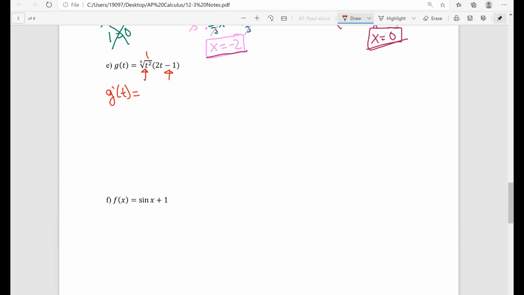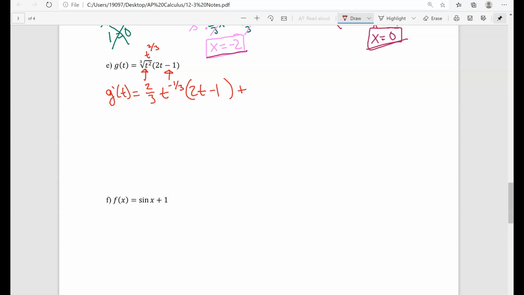So I'm going to take the derivative of this. Remember that this is just t to the 2/3. So I'm going to go ahead and take the derivative. It's going to be 2/3 t, and I'm going to subtract 1 from the exponent, so that's 2/3 minus 3/3, which gives me -1/3. Then I'm going to leave the next one by itself.